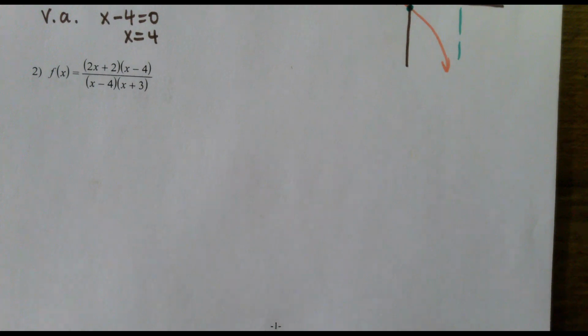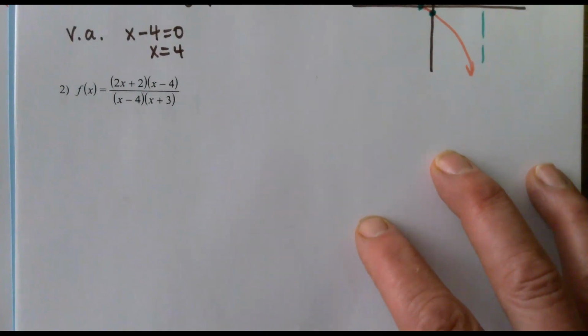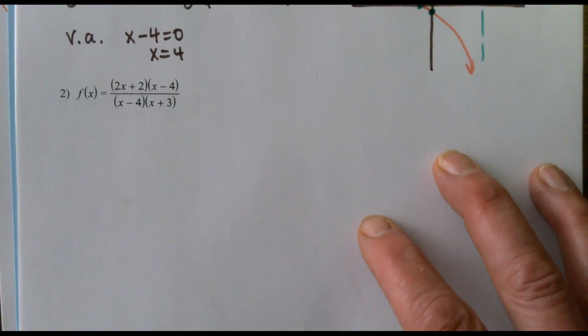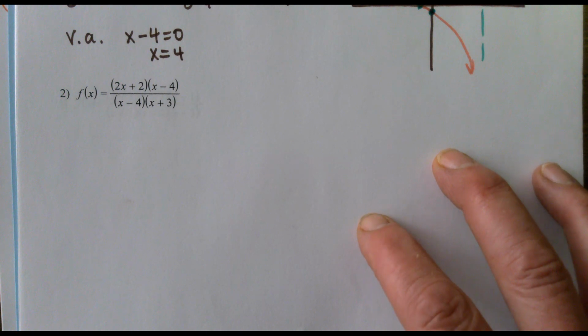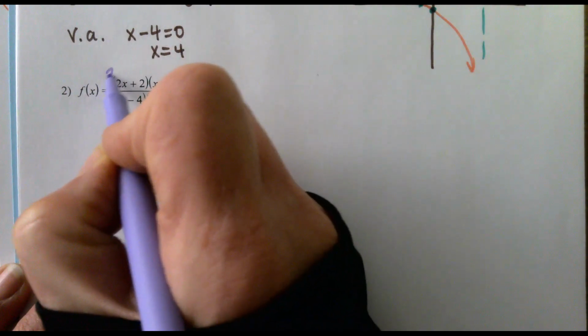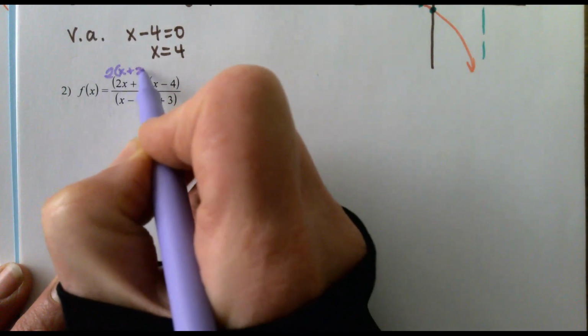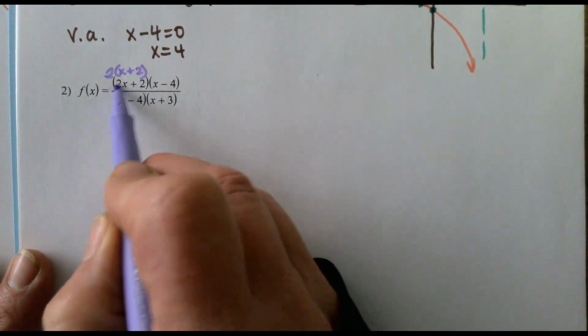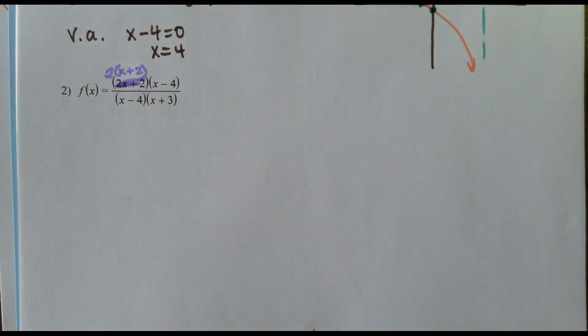Go through the process. Can I factor this? Yeah, I can. I can take a 2 out of this guy. It's not going to make that much of a difference if I did it or not, but I can, okay?